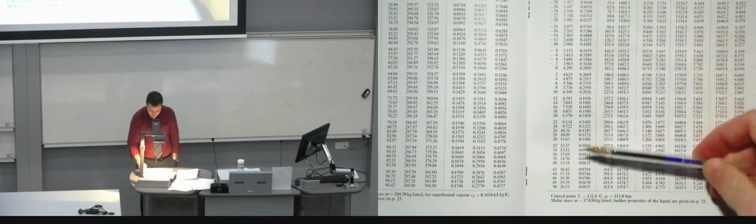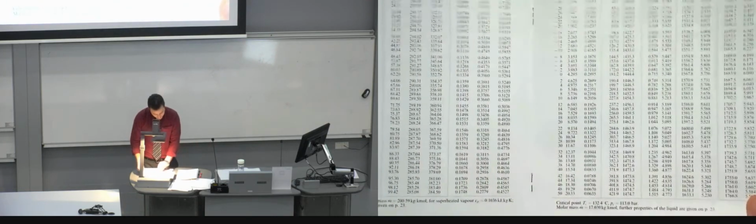Now we found Vg. In order to find Vf, it's a similar story. We've got to move to a different page where we will find the further properties for ammonia, and that is on page 23.